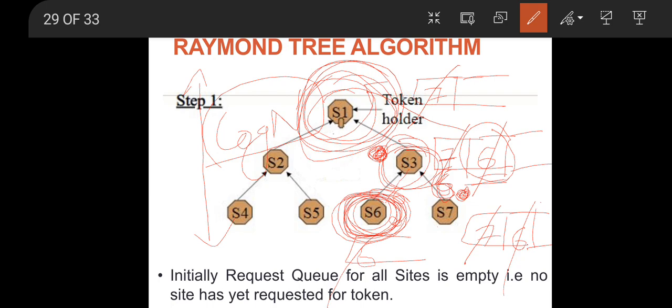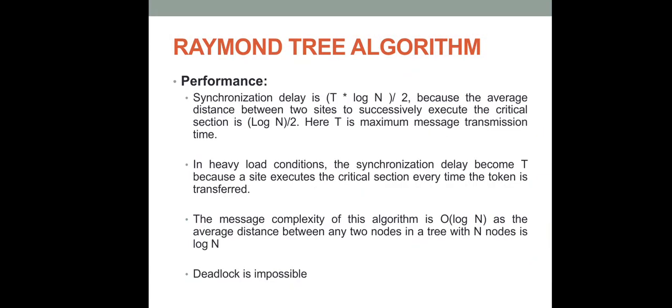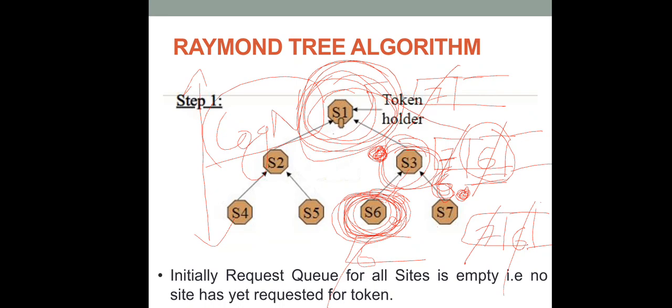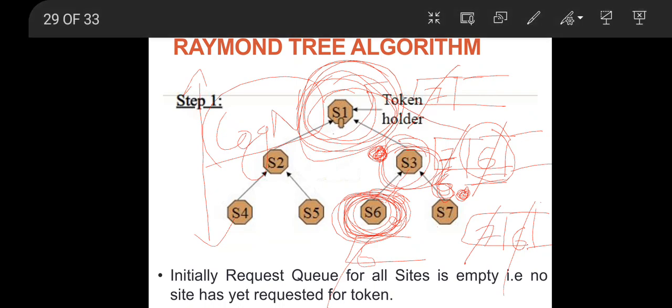Though the message is the same, this is the second time it is communicated. So for one CS invocation, the number of message communications will be from S6 to S3, then S1, then from S1 to S3, then S6.